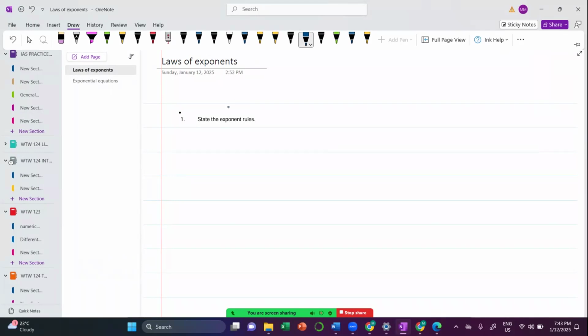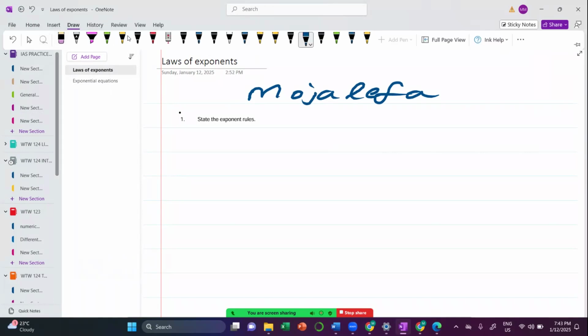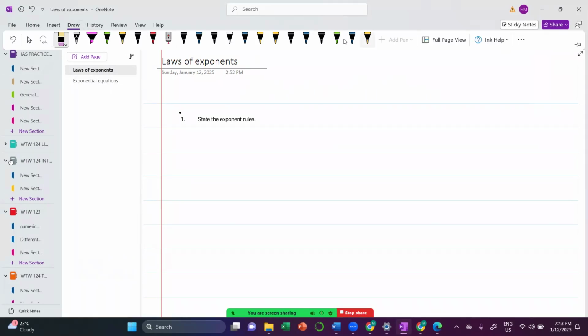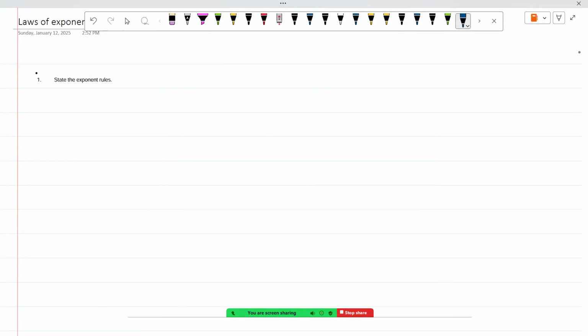Can you guys see what I wrote there? Okay, so let me continue. Select the pen and broaden the screen itself. I think this should be fine.